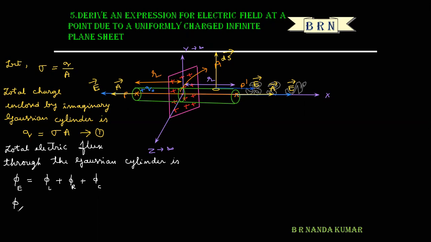So total electric flux is equal to the flux linked with the left flat circular surface.